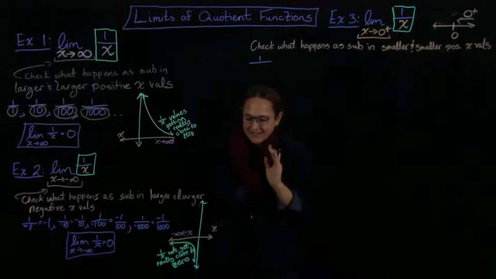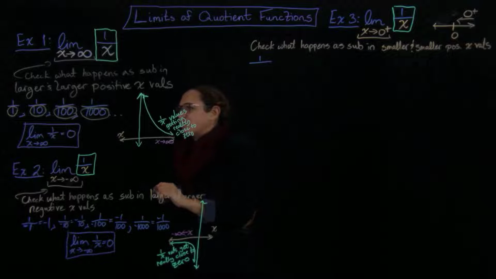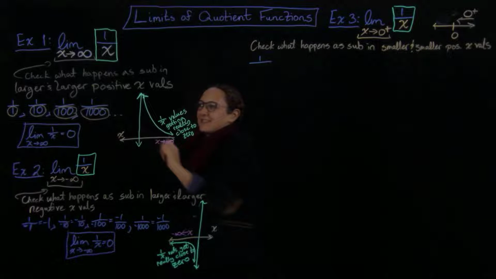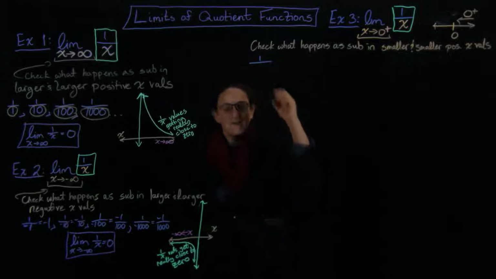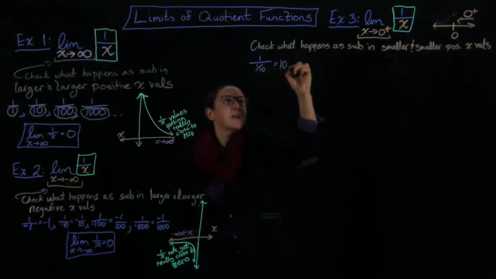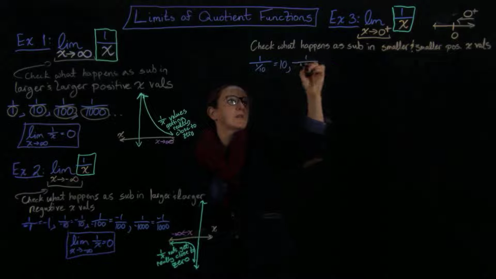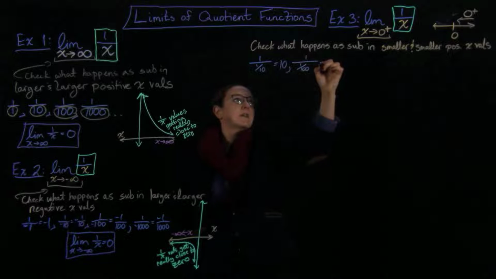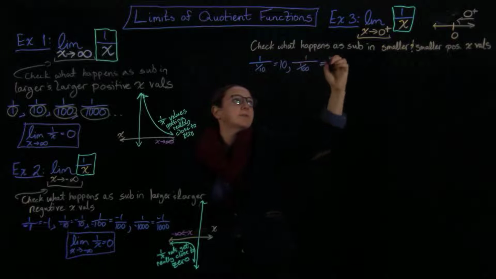This might be kind of tricky to think about, but I'm going to reuse the fact that I know that these approach 0. We've already talked about that. So I'm going to go 1 over 1/10, which is going to equal 10. And then 1 over 1/100th. If something is on the bottom, we flip it. So we get 100.